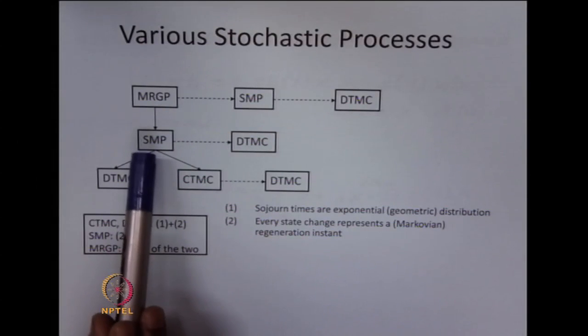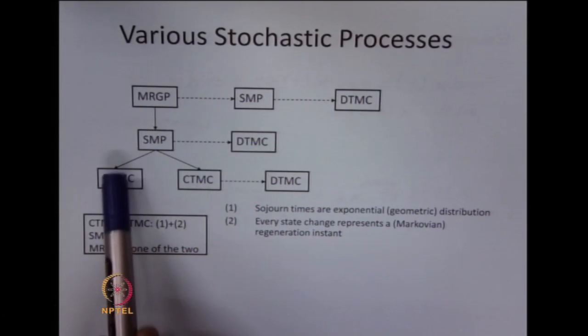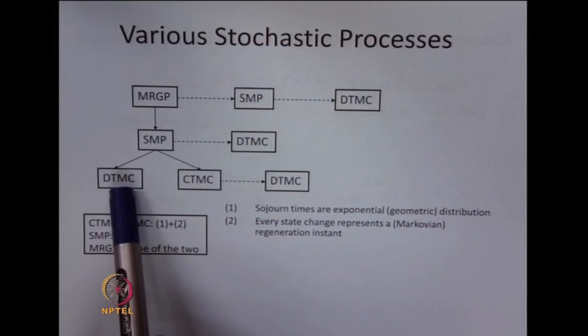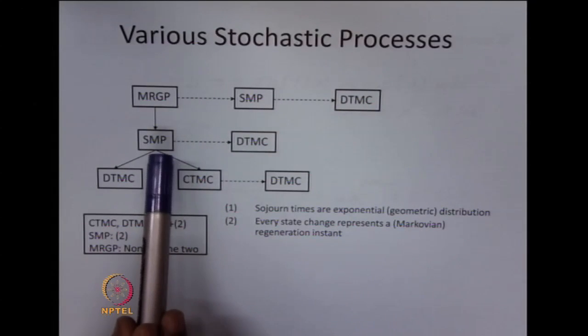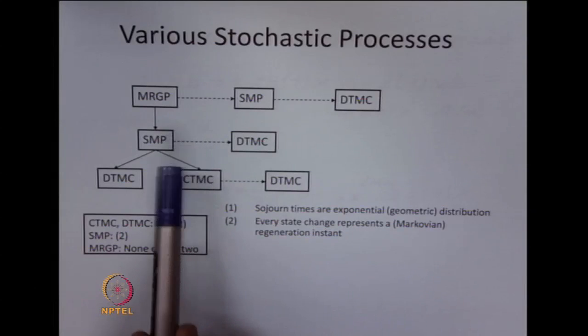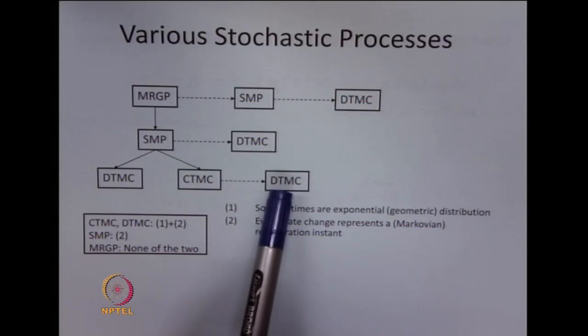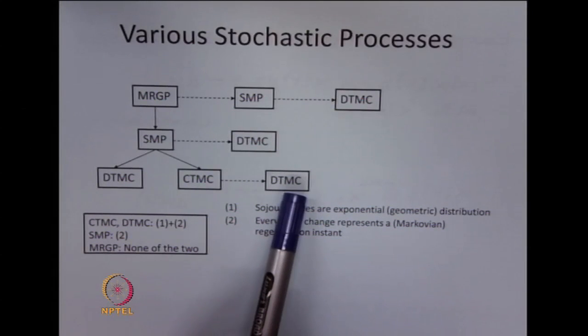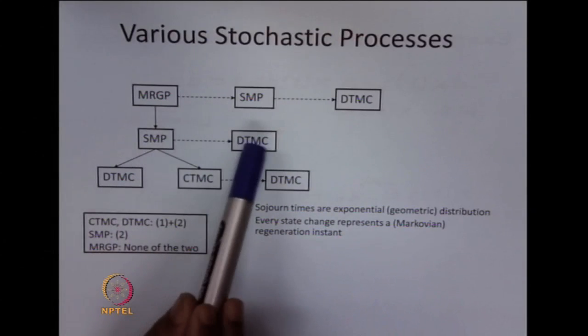From the semi-Markov process, you can have an embedded DTMC. By making proper assumptions that the sojourn times are exponentially distributed, then it will be a CTMC. From the CTMC, you can create the embedded DTMC. Similarly, from the SMP, you can make an embedded DTMC.